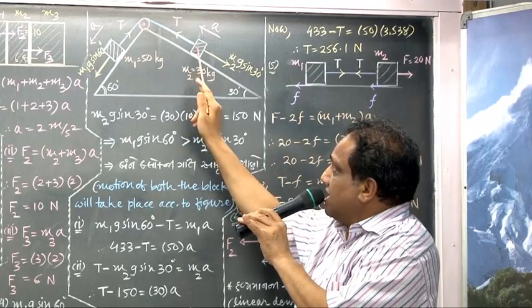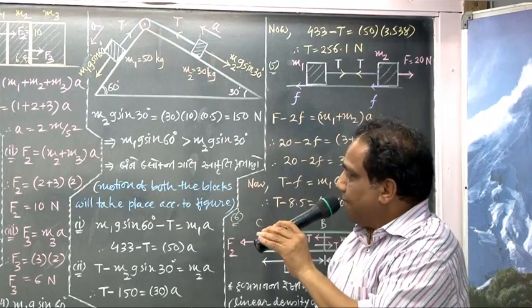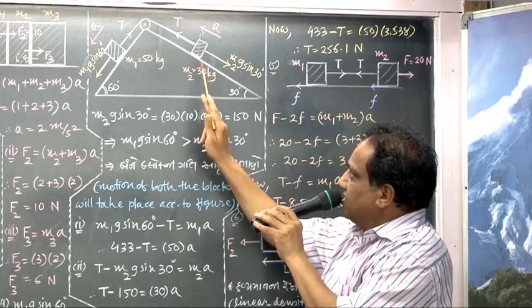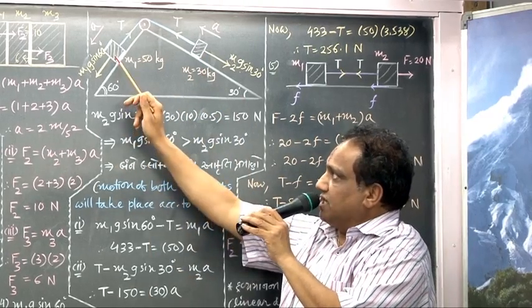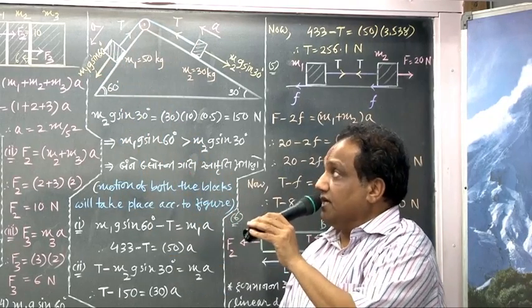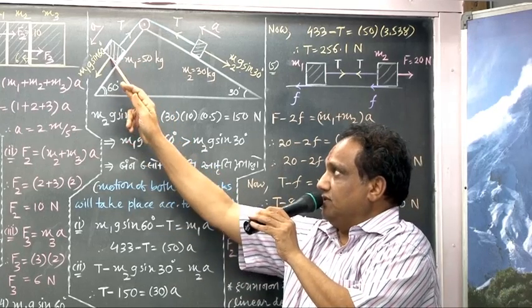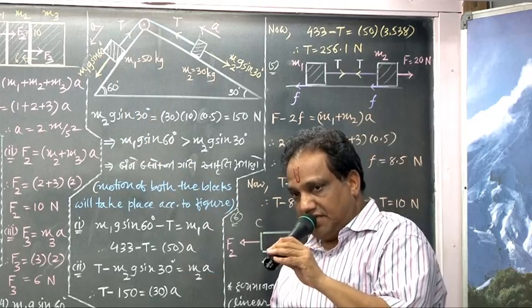Now these two blocks are tied with a string which is passed over a frictionless pulley. This mass is M1, which is 50 kg. This mass is M2, which is 30 kg. You know, the force exerted on a block lying on a slope of angle theta, parallel to the surface of the slope, is by formula mg sin theta.